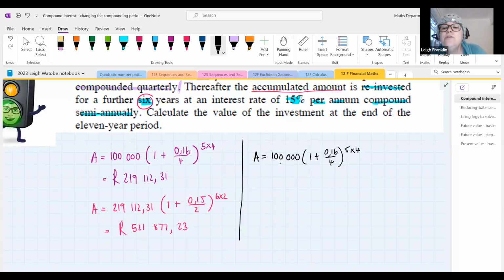So instead of working out the answer and then plugging it in again into compound interest, we can simply multiply that by our second bracket. We are multiplying, not adding or subtracting, by our second bracket because the money is staying in the account and it is regrowing.